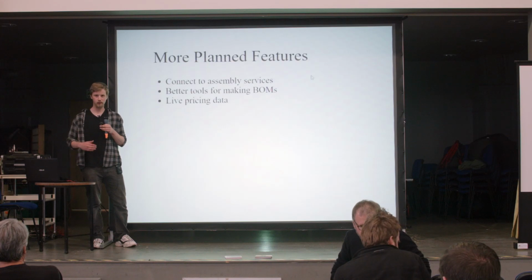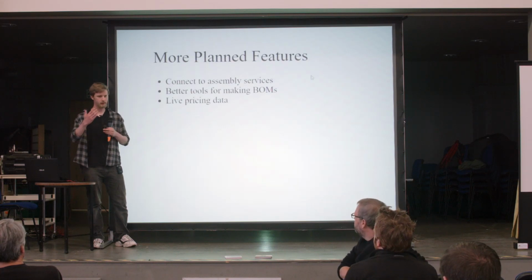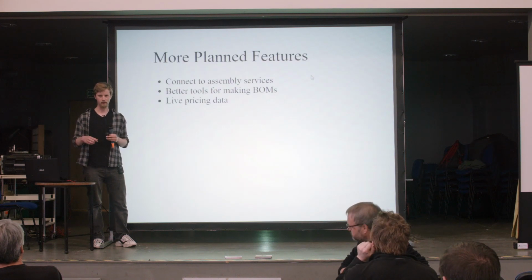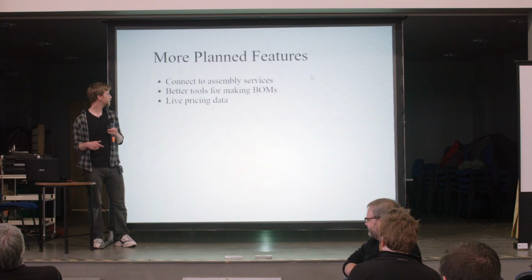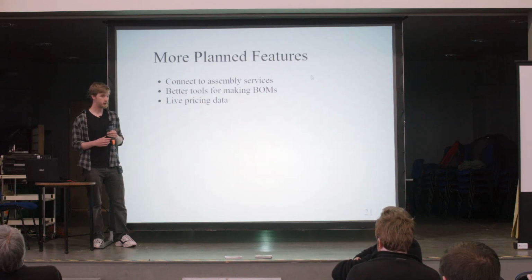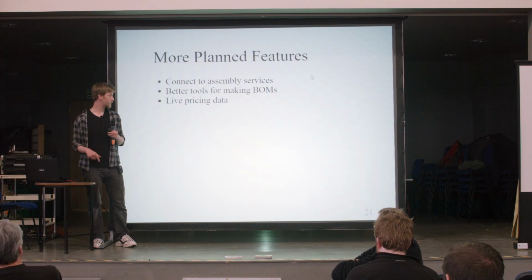If you imagine the bill of materials and the board there, you could hover over it and it could show you exactly where to put the part if you're soldering it yourself. We could possibly connect it up to assembly services. There are quite modern assembly services that are trying to make it easier for people to have their projects assembled, and they've shown some interest in hooking this up to that.